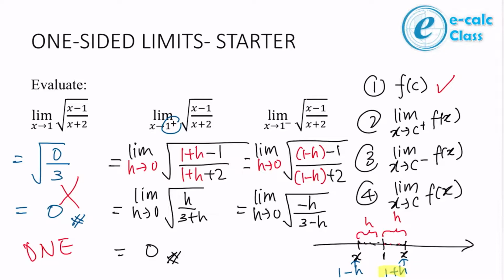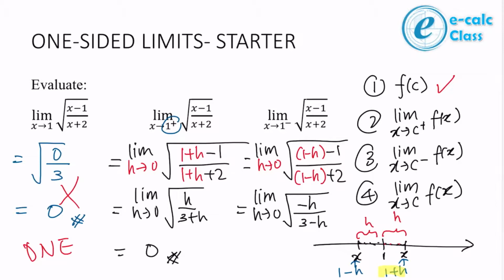Now, my question is, can you say that this is equal to 0 when you plug in the value of h? You may say that, oh, we can, because negative 0 means 0. Then the square root of 0 is still 0. But when we are talking about limits, it doesn't mean that the point is exactly at that point. Okay, we are talking about approaching. So the h here is actually not 0.